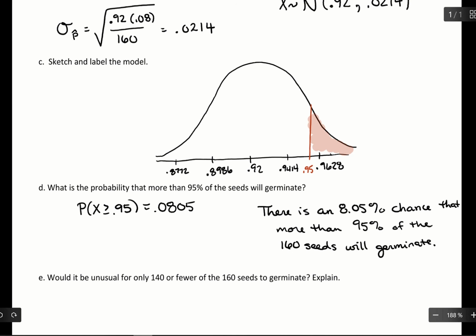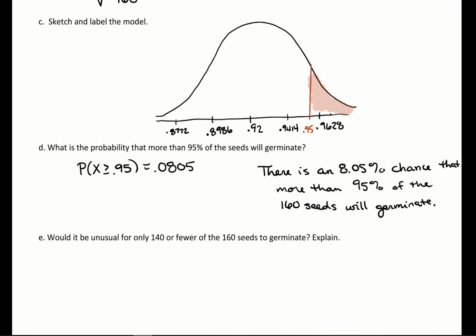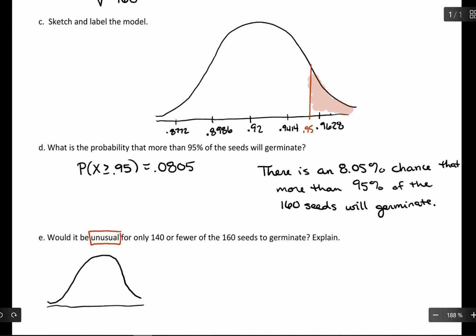Would it be unusual for only 140 or fewer of the 160 seeds to germinate? And explain. So that wording, unusual. We talked about it briefly when we looked at the empirical rule, and it comes through at 2 standard deviations away.